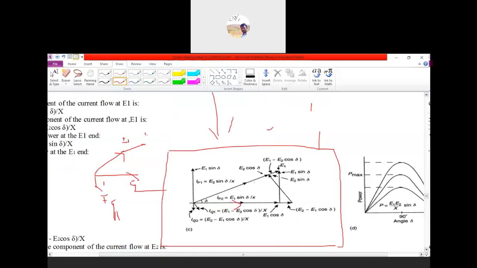The load current we consider as I, and the difference between the voltages is EL.